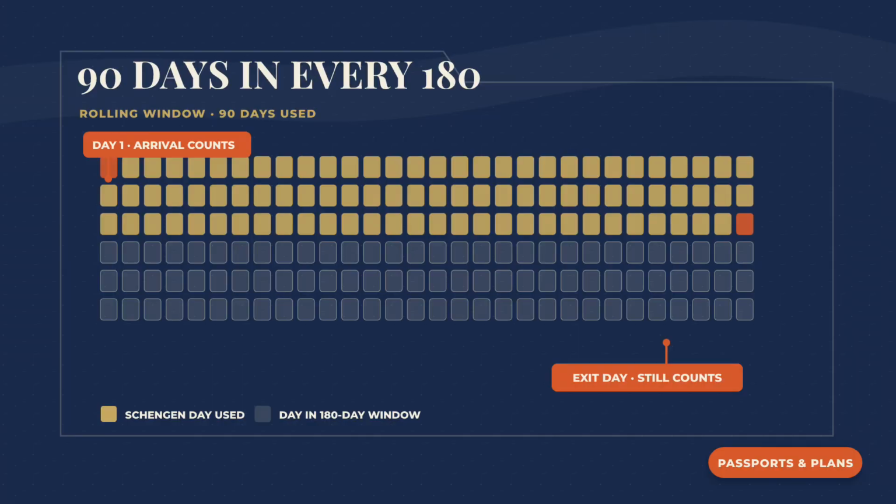And if it is not complicated enough, the day that you enter the Schengen counts as a day in, and the day that you leave the Schengen, even though you're leaving, it still counts as a day in.